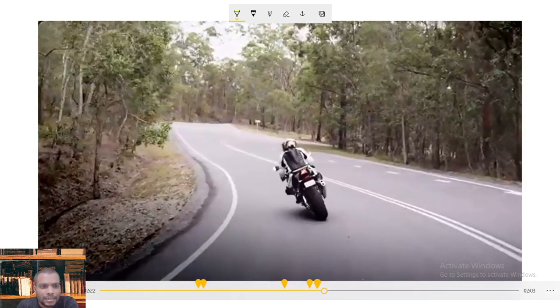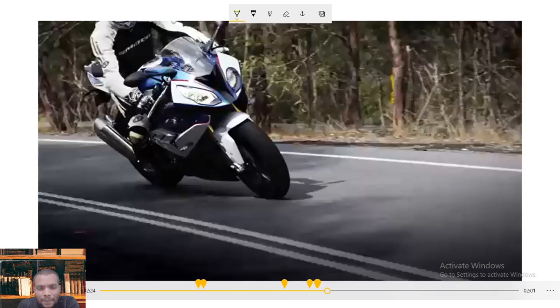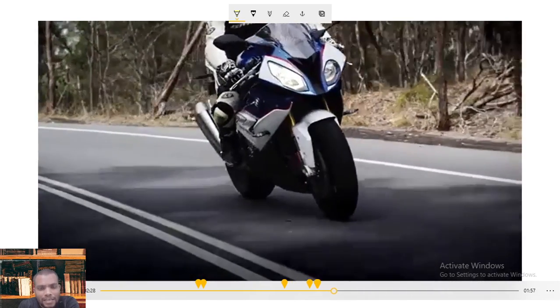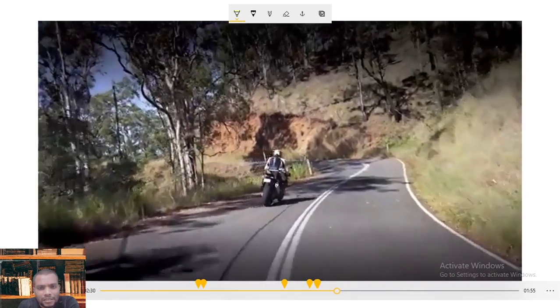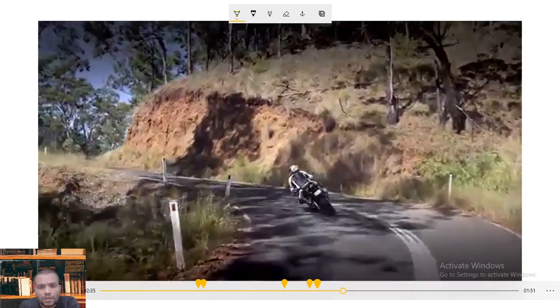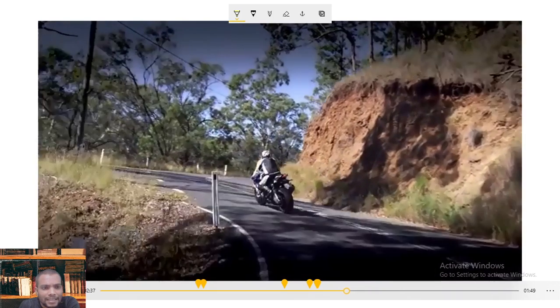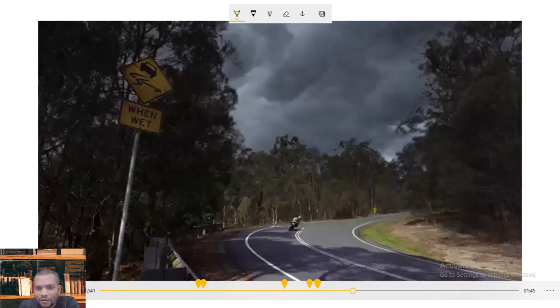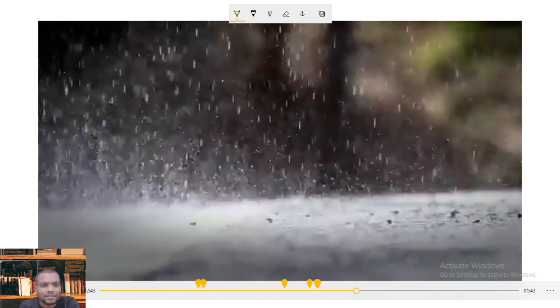So the bike has to bend in such a way as to balance the centripetal force. So let us try to learn the bending of a cyclist or motorcyclist.